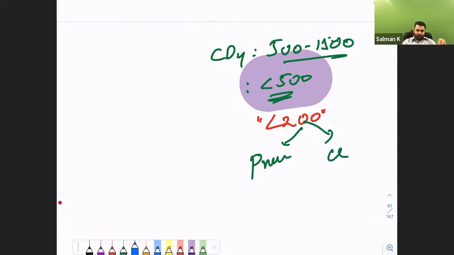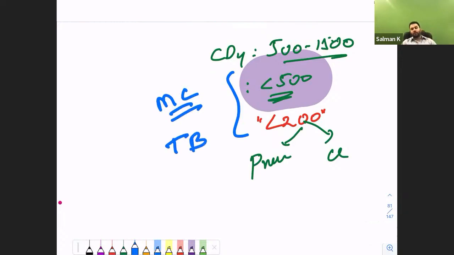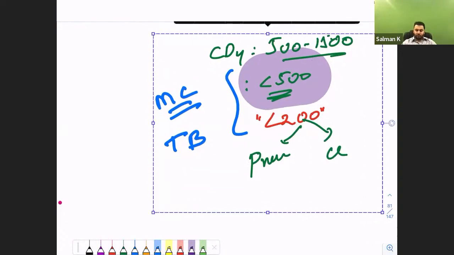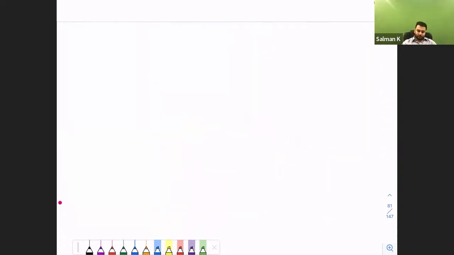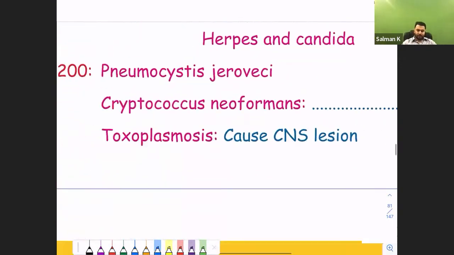Overall, the most common infection in HIV patients is tuberculosis, doctors. Okay, the most common infection that you should know is tuberculosis. So that's about that.